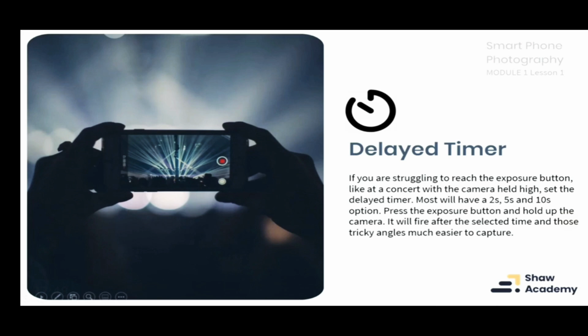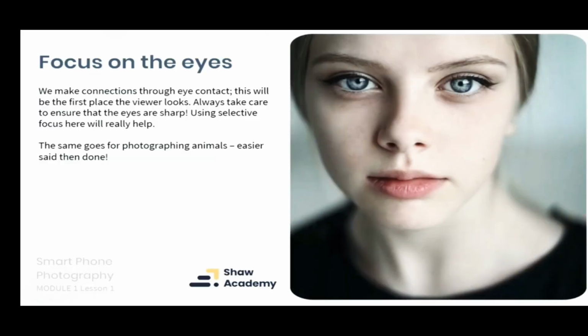Most will have a 2, 5 or 10 second option, and you'll see a symbol that looks something like a clock. Focus on the eyes when doing portrait photography. We make connections with our subjects through the eyes. So if you're into doing portraits, always make sure to use that focus to touch onto the eyes to make sure that everything is nice and sharp.